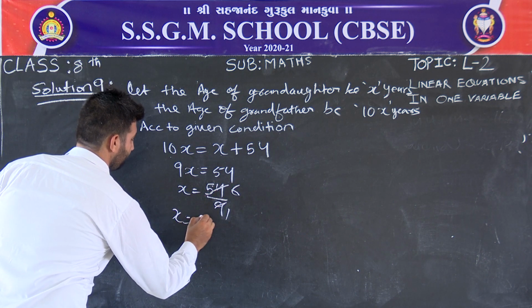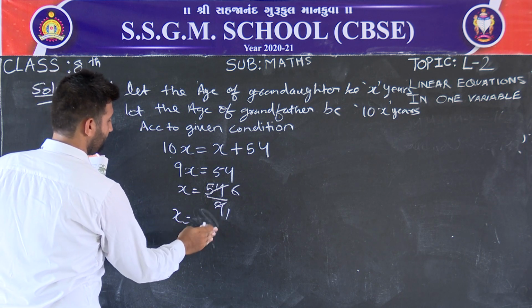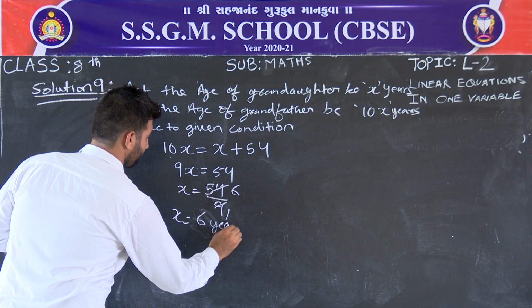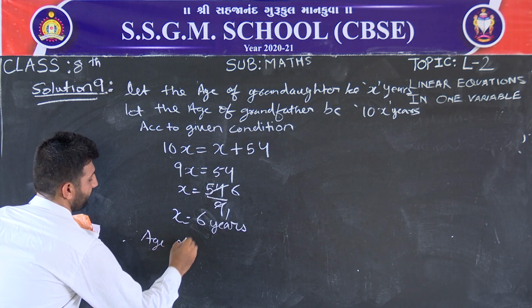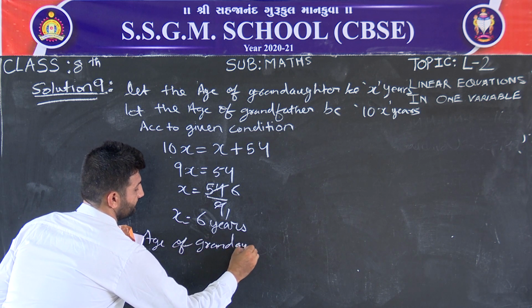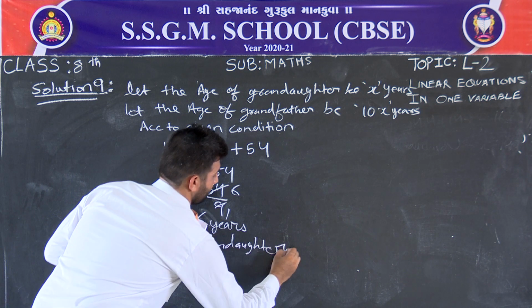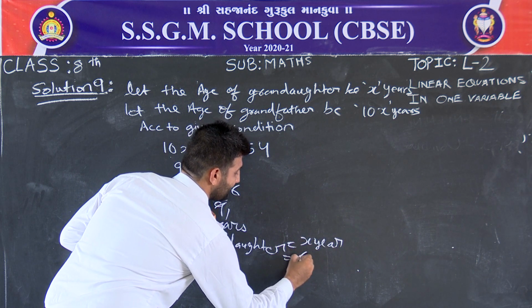So x will become 6 years. Therefore the age of granddaughter is equal to x years, which is equal to 6 years.